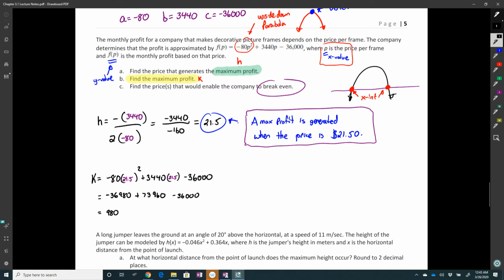It's profit based on, yeah. So here the maximum profit, they achieve a maximum profit of $980. And it's a maximum monthly profit.